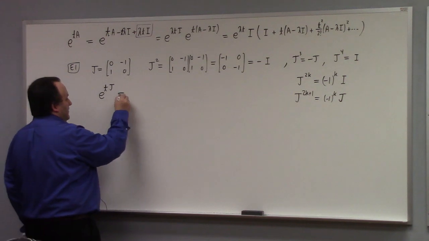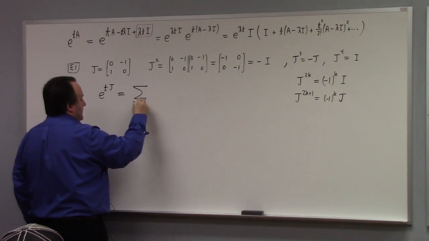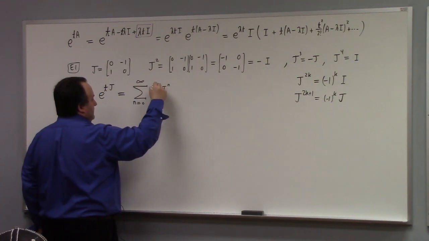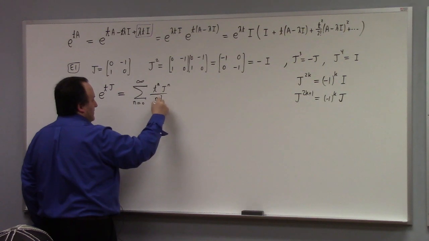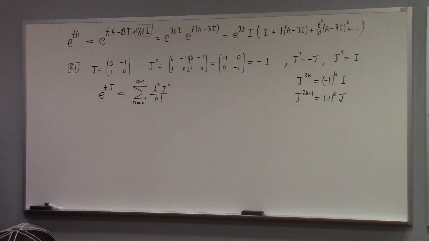So when we look at the power series that defines the matrix exponential here, the sum n equals 0 to infinity of t to the n, J to the n, divided by n factorial, we can decompose that into the even subseries and the odd subseries, right?